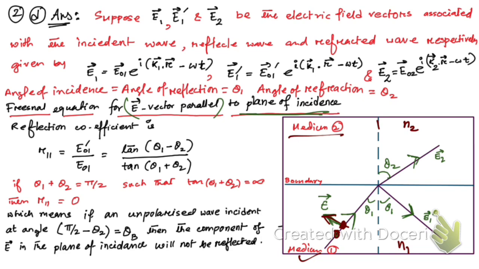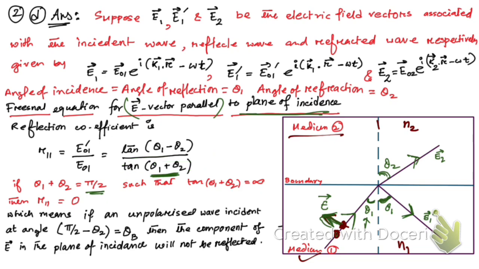And for the parallel component, the component which is parallel to this plane of incidence, for a certain angle of incidence theta 1, if the sum of theta 1 and theta 2 becomes pi by 2, then the tangent is not defined, infinity, and so the reflection is going to be 0.